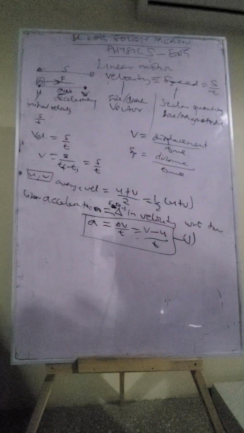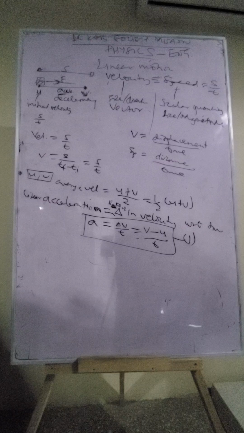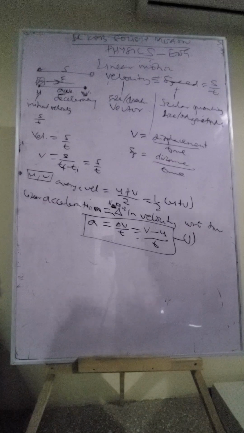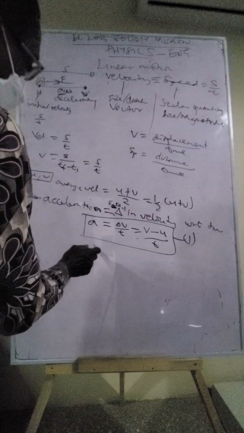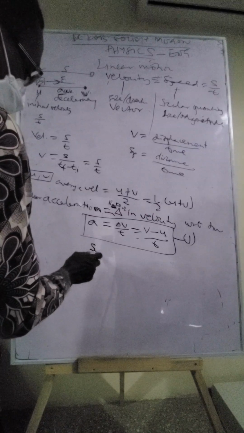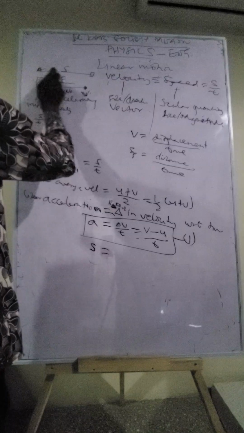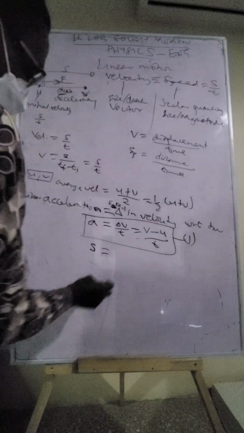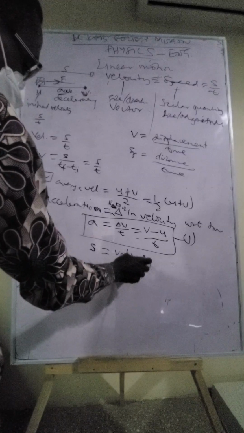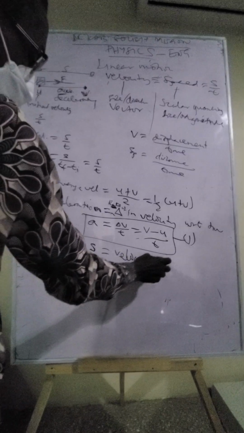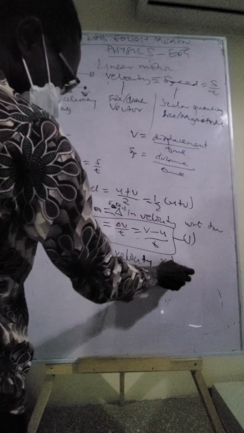Right. Now let's look at the second equation. The distance that you have moved, let's say distance is S. You want to find this distance. It will be your velocity times time.